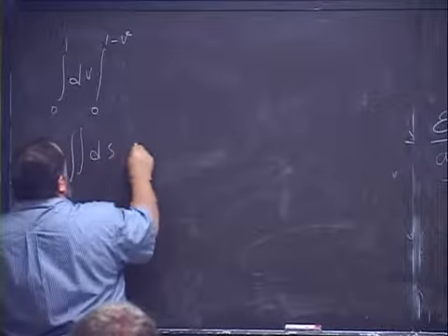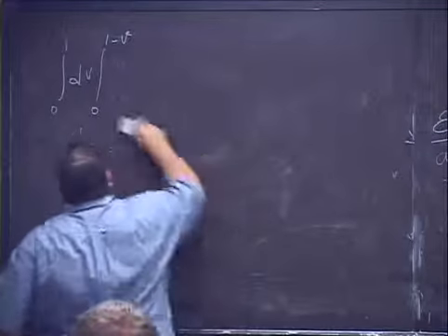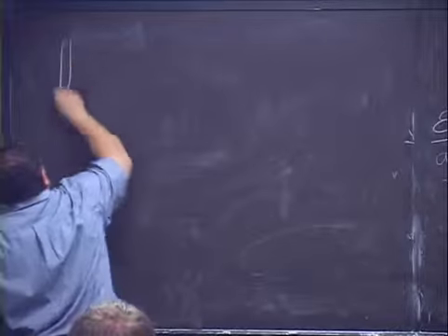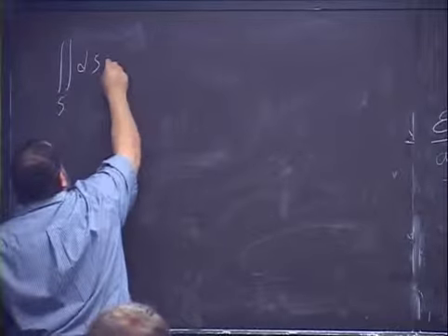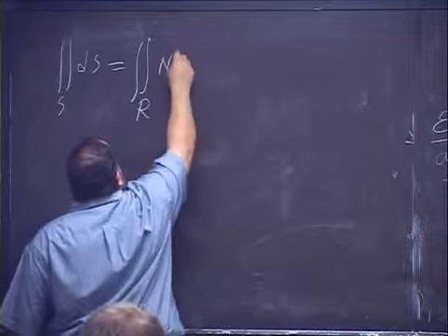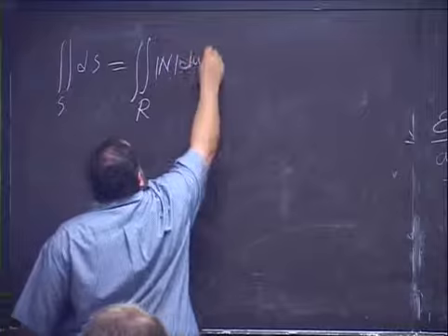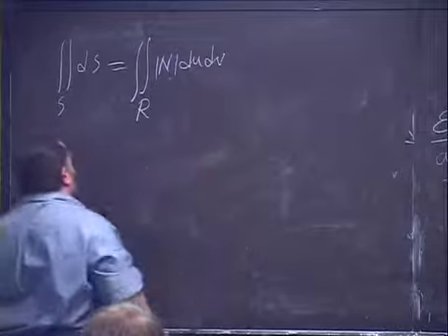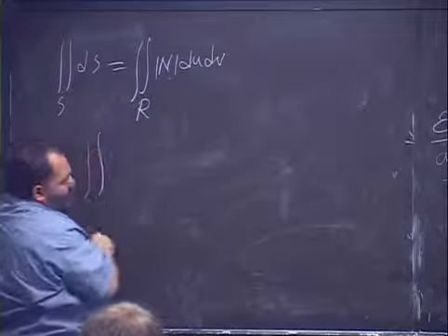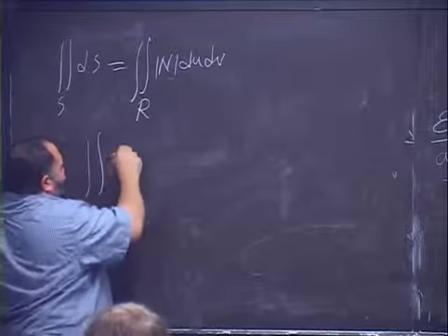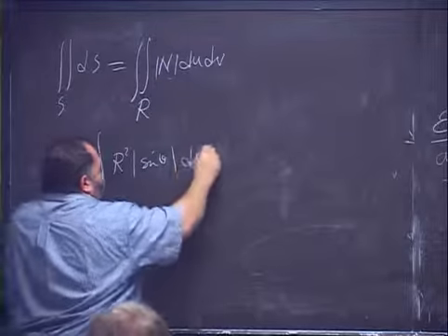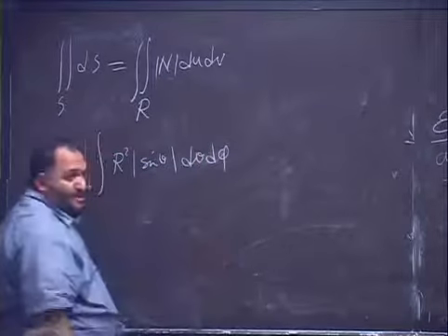Delta S is equal to what? N d theta dt. Delta S over the surface is just equal to what? Over the region for N du dv. What's N? R squared sine theta. And this is d theta d phi.